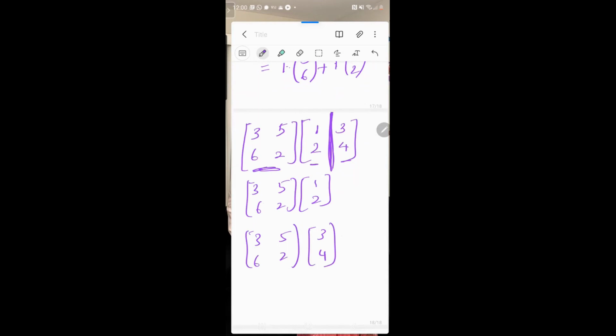Yeah. So how do you multiply this 3 5 6 2 with 1 2? You multiply this column with this column with this, right? Yeah. So what do you get when you multiply 3 6 5 2 with 1 2? What do you get? You get 9.